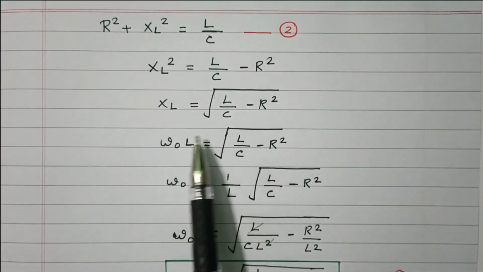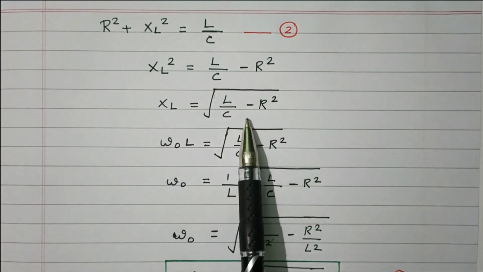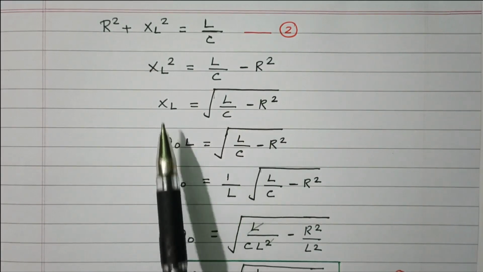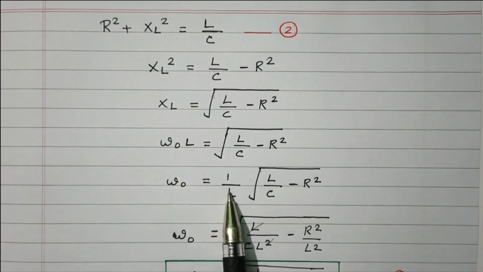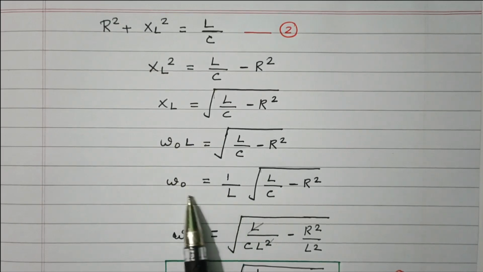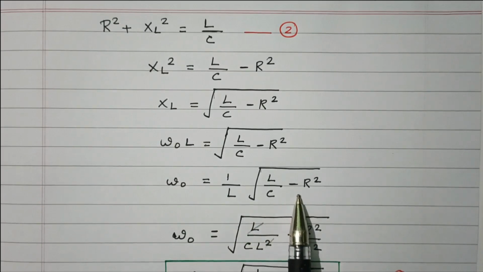Take the square root on both sides, so that XL equals square root of L by C minus R square. This XL is nothing but omega naught L. Right. Bring this L to the denominator. So omega naught equals 1 by L square root of L by C minus R square.